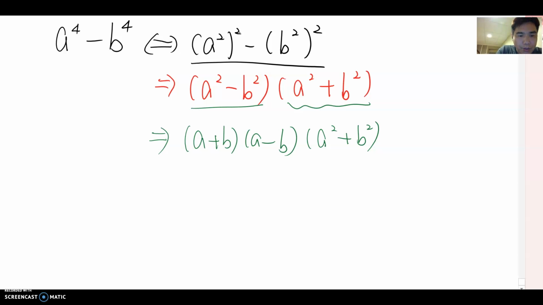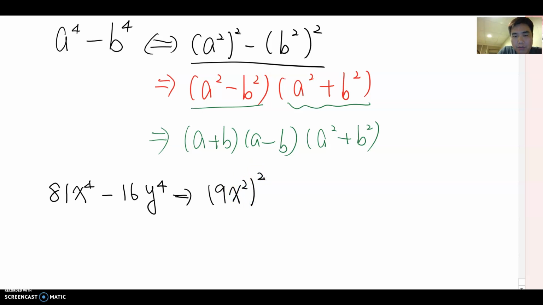So 81x to the fourth power minus 16y to the fourth power. First of all, I'm going to switch it to a square power form. Then we can write 9x squared, to the square, minus 4y squared, to the square, right?